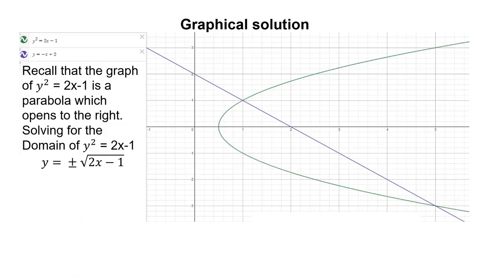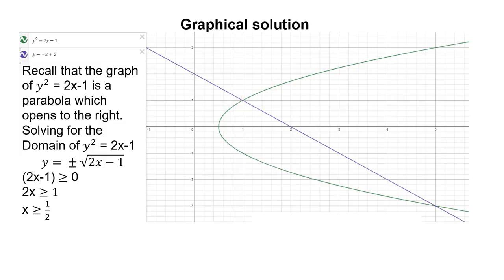That is, 2x minus 1 should be greater than or equal to 0. And solving for the value of x, we will have 2x is greater than or equal to 1. And then we can divide both sides by 2 to come up with x is greater than or equal to 1/2. So meaning to say, our domain would be the values x greater than or equal to 1/2.